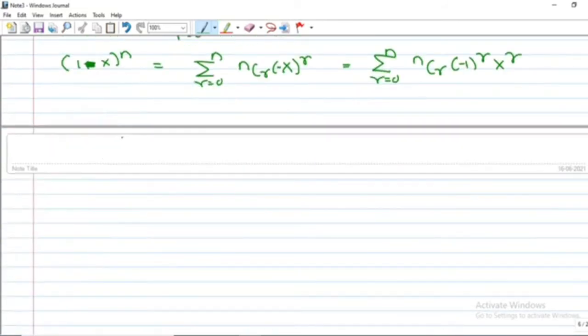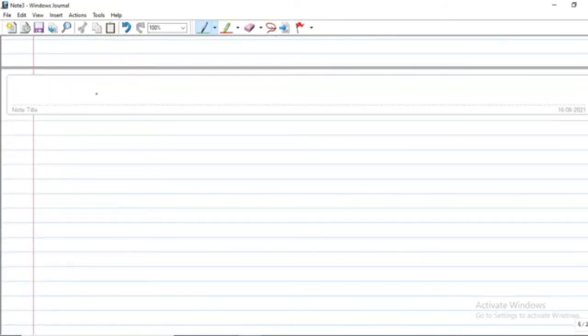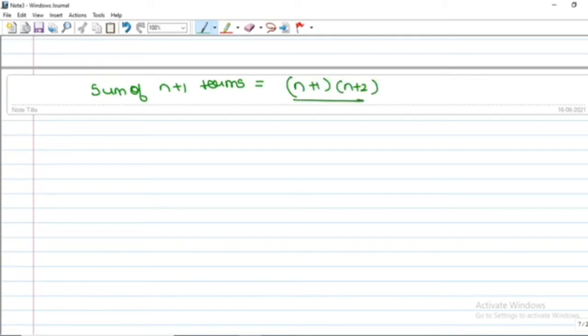Now there are n plus 1 terms, so the sum of n plus 1 terms is what? We know the sum of n terms is nothing but n into n plus 1 by 2. The sum of n plus 1 terms should be n plus 1 into n plus 2 by 2.